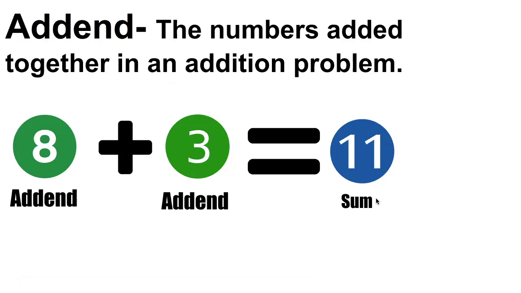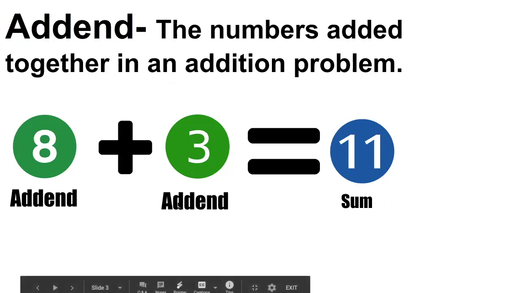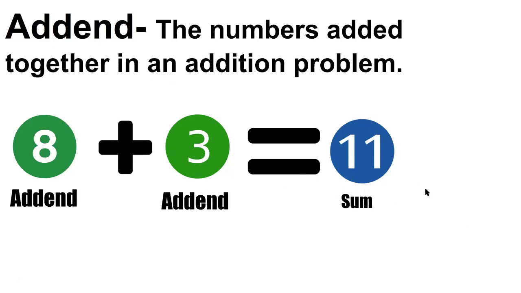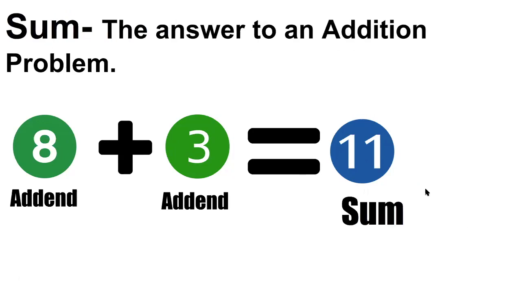And in case you forgot, the answer to an addition problem is called a sum. So 2 addends equal a sum. And there we go. The sum is the answer to an addition problem.